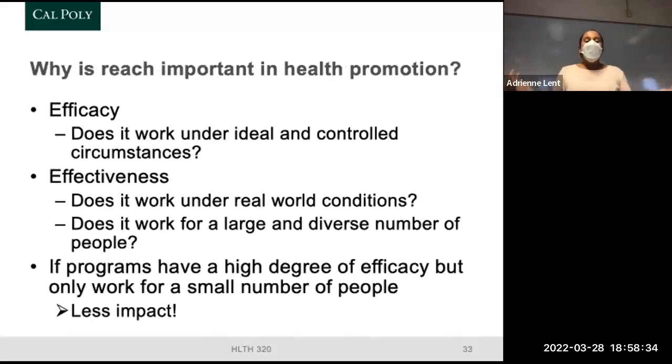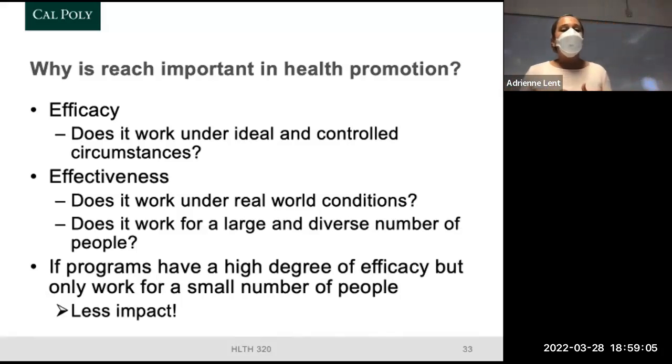So ideally, we want health promotion programs that are both efficacious and effective, right? That's how we're going to have the biggest impact. When we're talking about efficacy, what we mean is, does it work under ideal and controlled circumstances? And when we're talking about effectiveness, what we're referring to is, does it actually work in the real world under real world conditions?